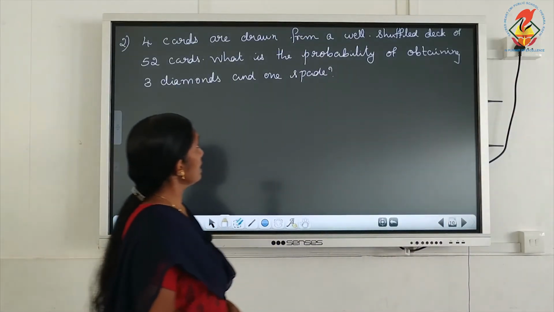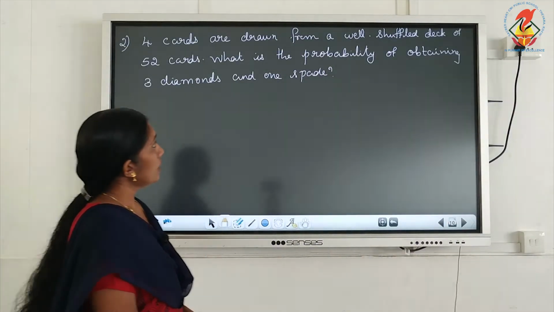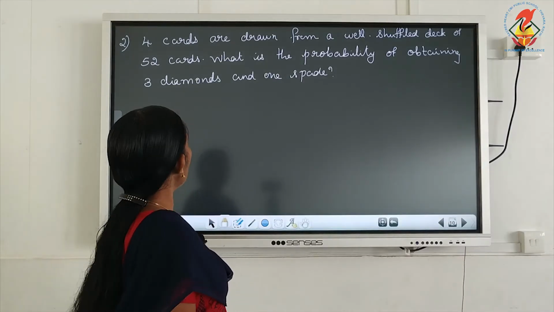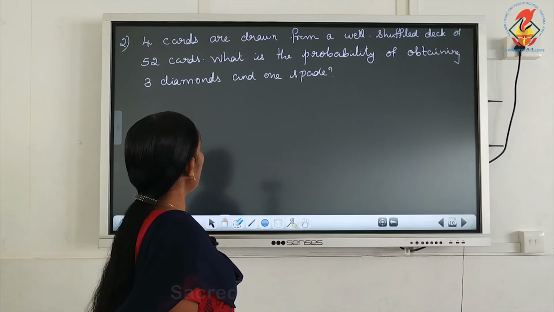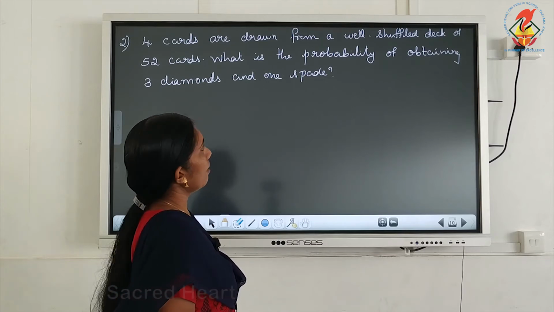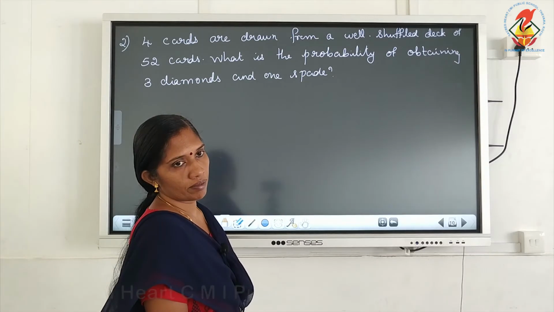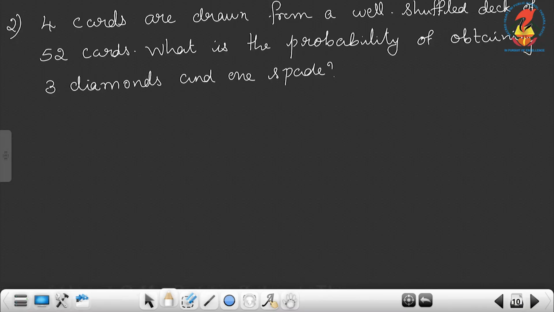Now, the next one is: 4 cards are drawn from a well shuffled deck of 52 cards. What is the probability of obtaining 3 diamonds and 1 spade? That is in the numerator part.